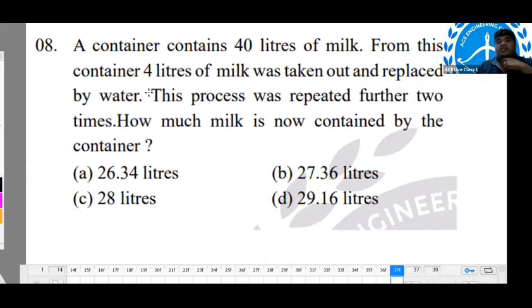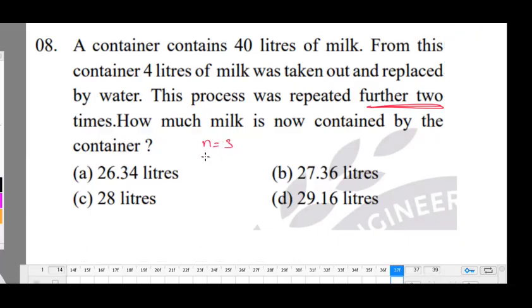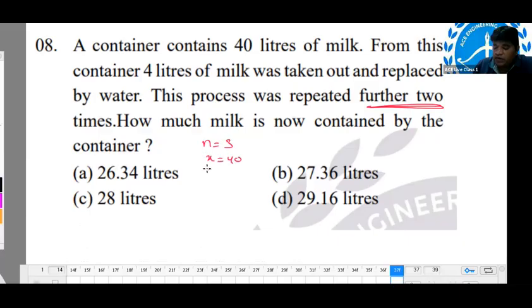A container contains 40 liters of milk from which 4 liters was taken out and replaced with water. This operation is performed a further 2 times, so the total n value is 3 times. Initial quantity 40, replaced quantity 4.